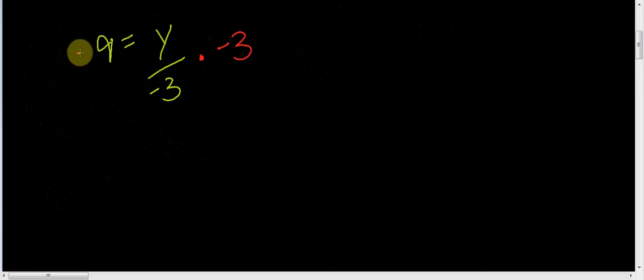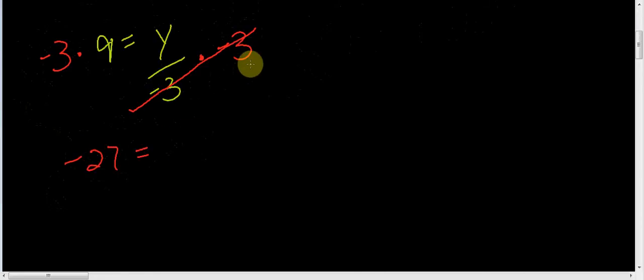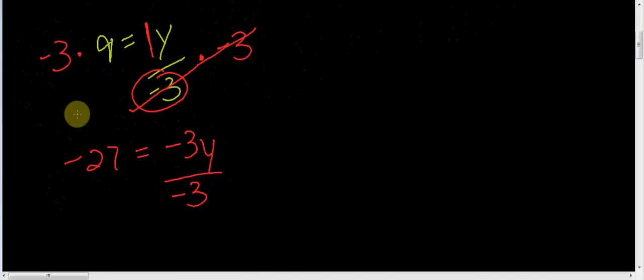That's what we want. So over here I'm going to put times negative 3, and we'll see that these 3's cancel each other out. If you don't see that, you can always multiply negative 3 and 9 and get negative 27. You can multiply this 1y times negative 3 to get negative 3y, and then take this negative 3 right here and just bring it along for the ride.